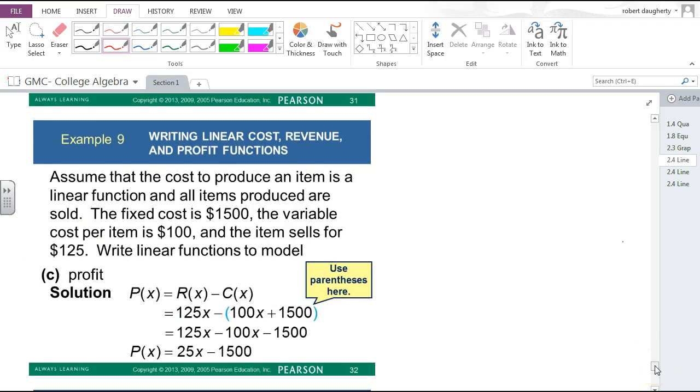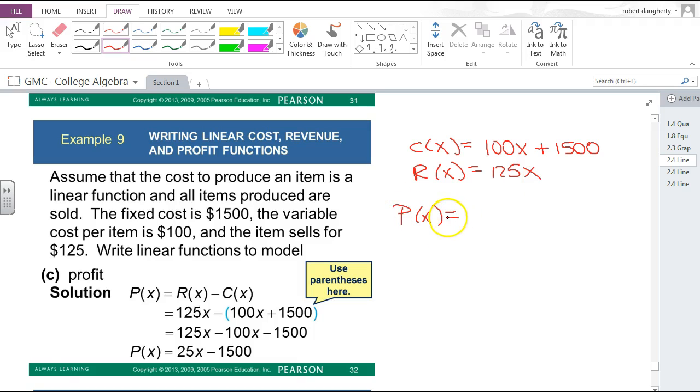Okay, so the revenue is just what I sell it for times the number that I sell. So how do I find the profit? Remember, my cost in this case is going to be 100x plus 1,500. My revenue is 125 times every one that I sell. My profit function, profit equals revenue minus cost.